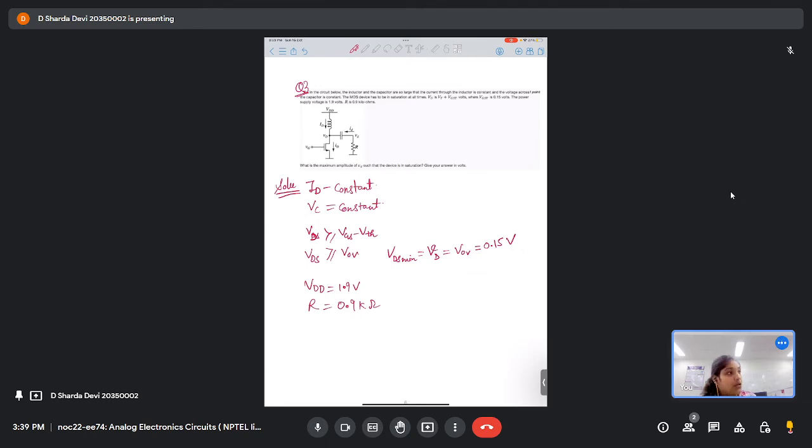So the question that has been asked is, what is the maximum amplitude of VD chosen such that the device is in saturation? What can be the maximum VD so that the device is in saturation?